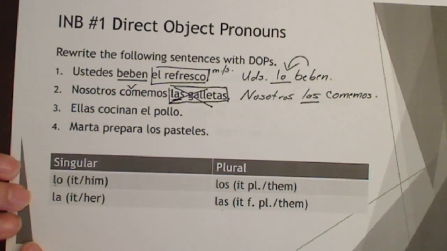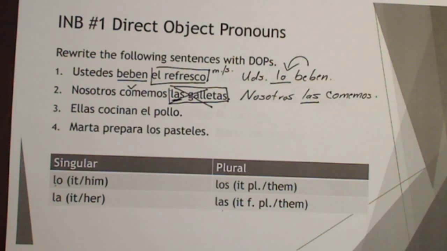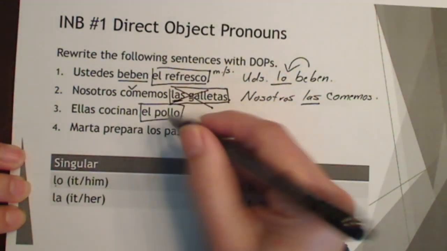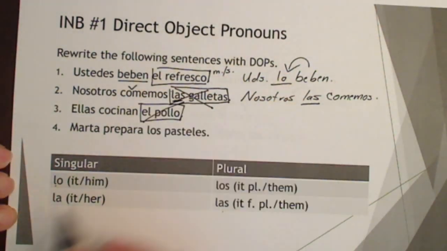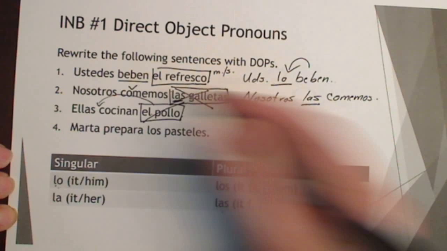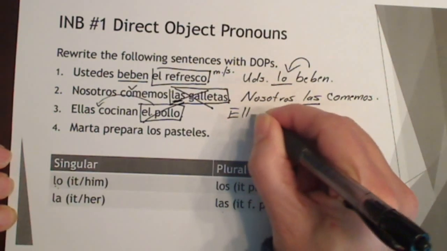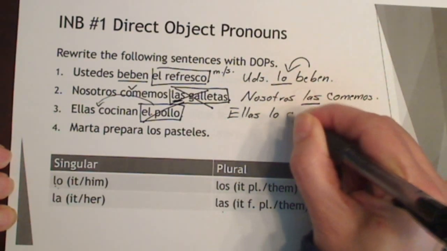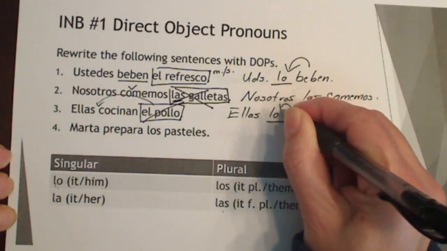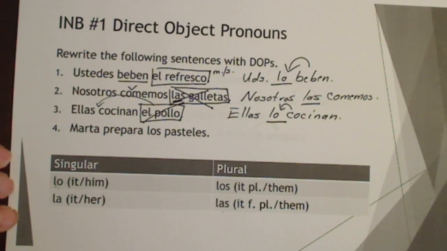Ellas cocinan el pollo. They cook the chicken. What do they cook? The chicken. That's what I need to get rid of. Okay, so this will be replaced, masculine singular, by the word lo. And don't forget where it goes. So the correct way would be ellas lo cocinan. And it comes directly in front of that conjugated verb.